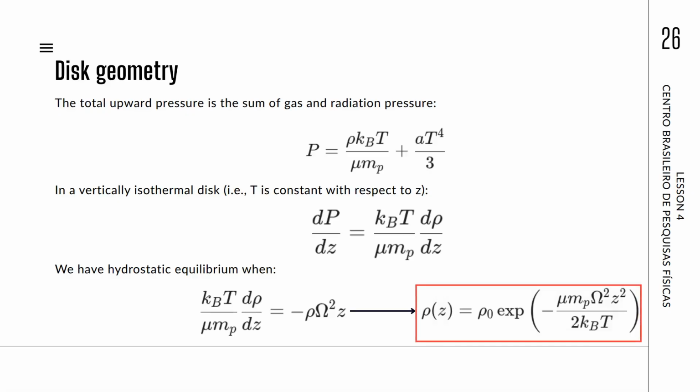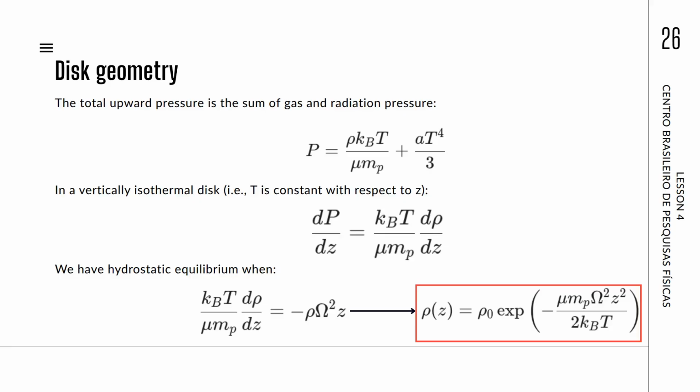The total upwards pressure, that was the pressure pushing down the gas in the disk. The pressure upwards is given by the gas pressure plus the radiation pressure. Here we will do an approximation where the radiation pressure is not relevant, which is a bit strong, but we will do it anyway.